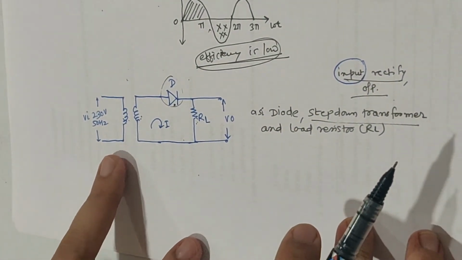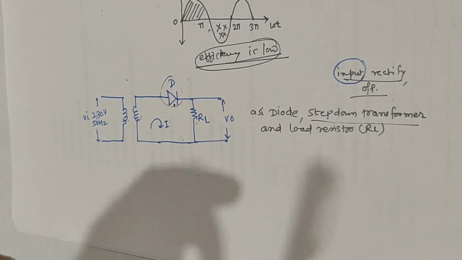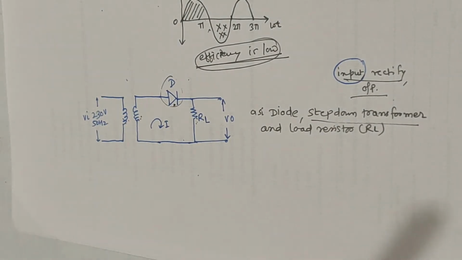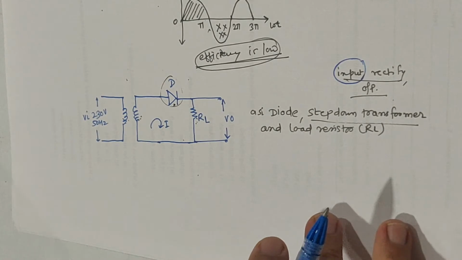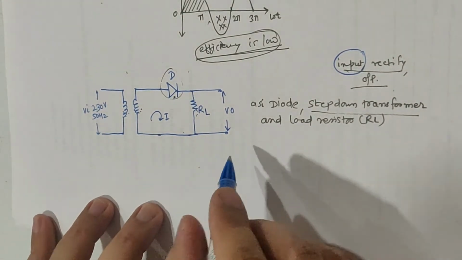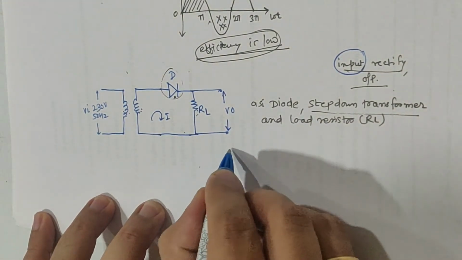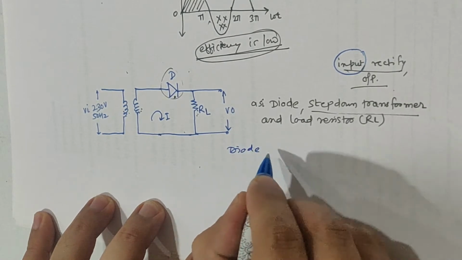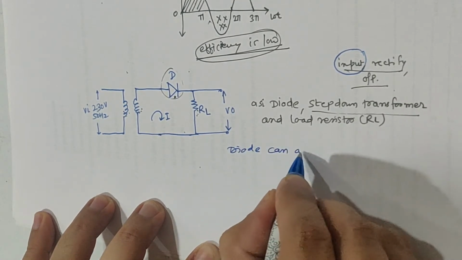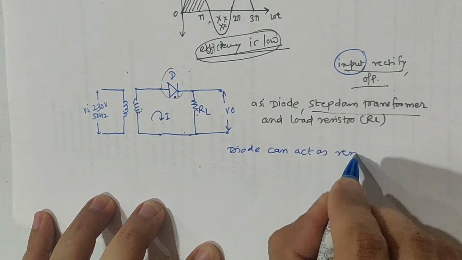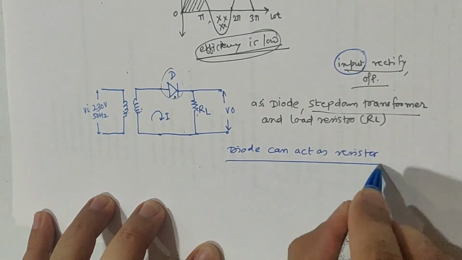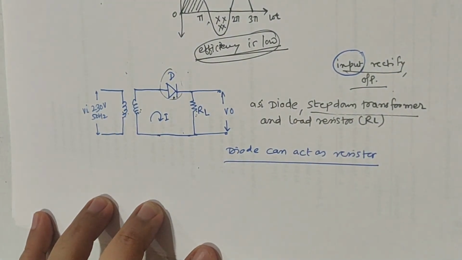Before we understand working, I will just tell you some of the properties of diode that we have already studied. Now diode can act as a resistor. How can it act as a resistor?